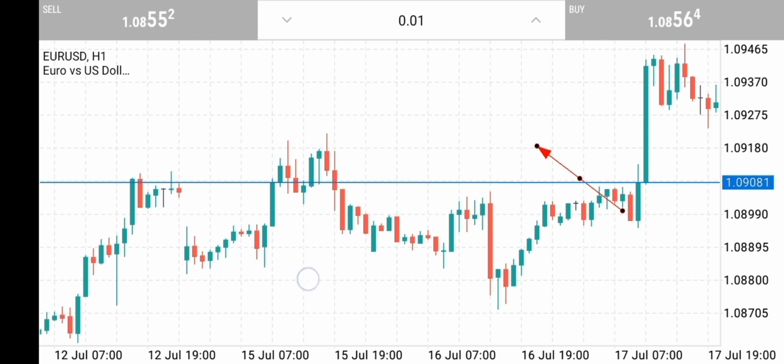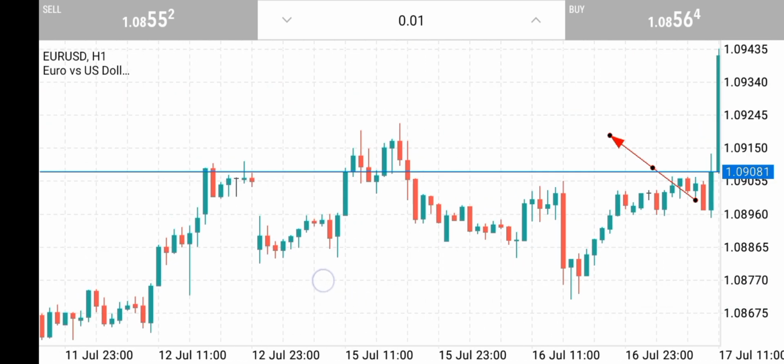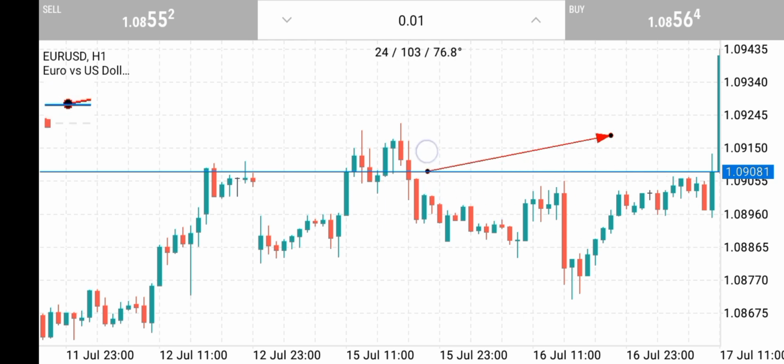Let me make it this way. For example, this is the candlestick right here, and you expect that once price gets to this price level, it will start falling downwards.